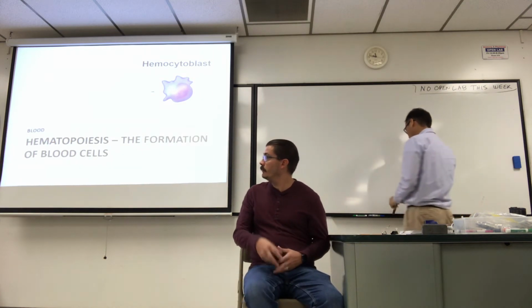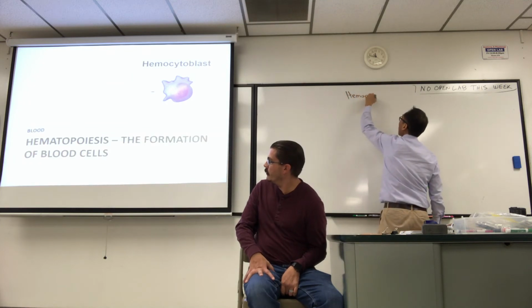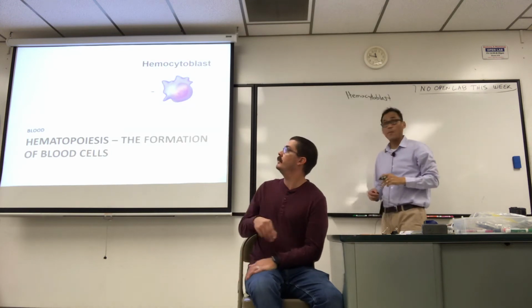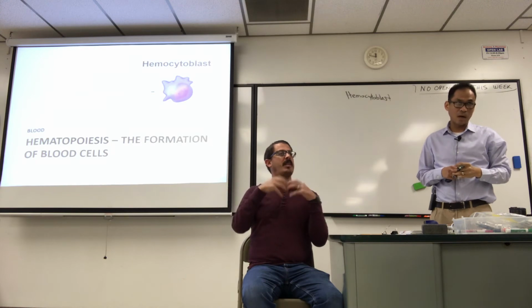All right, the hemocytoblast cell, in the bone marrow. Let me remind you what we talked about before. We talked about the formation of red blood cells in the bone marrow.